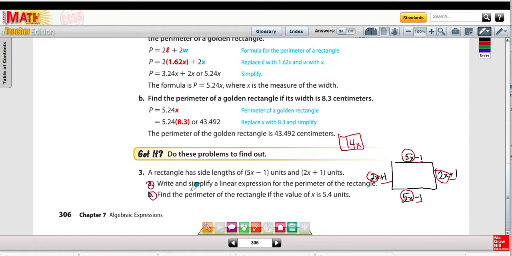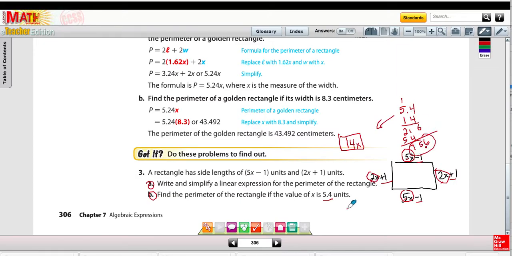For B, it says to find the perimeter if the value of x is 5.4. So we're just simply going to put 5.4 in for x and multiply that by 14. We have 756 with 1 decimal place, so we have 1 decimal place.